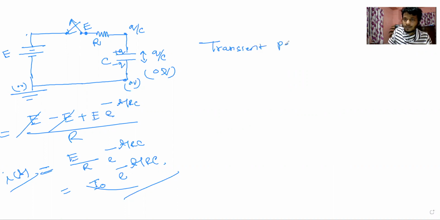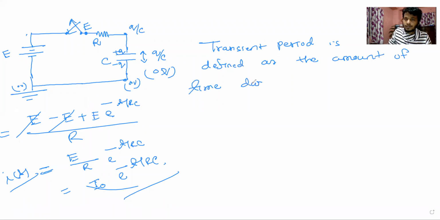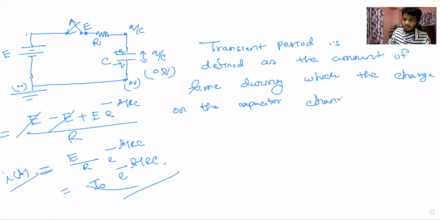Transient period is defined as the amount of time during which the charge on the capacitor changes. If we simply write this, then it is enough.